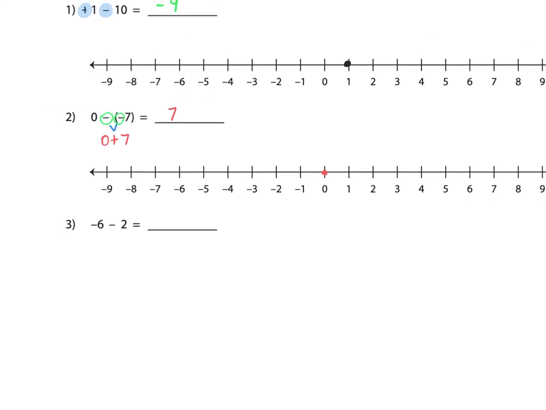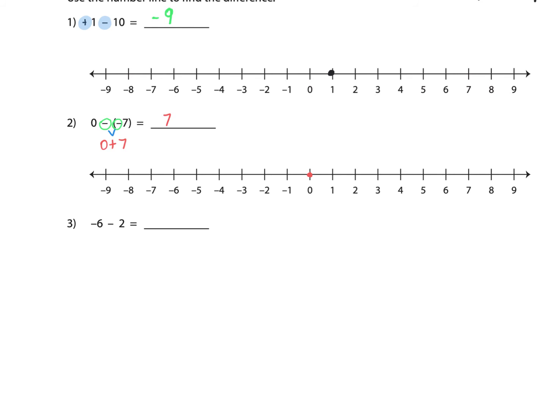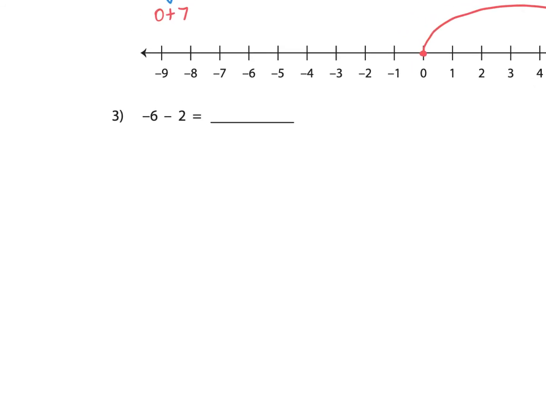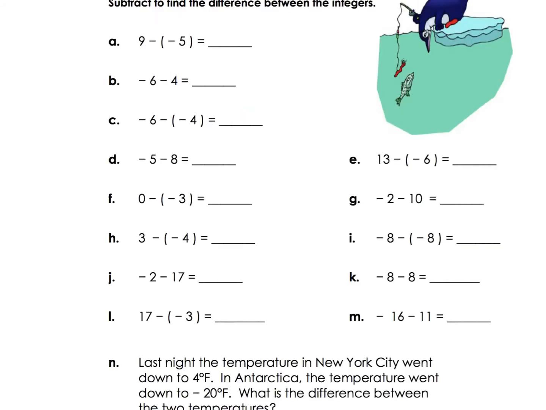We're taking away the debt that you owed somebody. So if you take away the debt, that's why we got to a positive. Here, a negative and a negative give me a bigger negative. And you can also think same signs are sad, so we add 6 plus 2 is 8, and I keep that negative sign. Let's go ahead and check the back here.